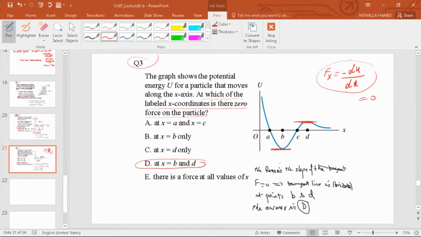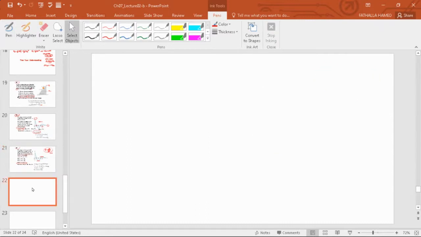All right. I want to bring to your attention something that probably you can ask. We assume that gravity is a constant force, but that only happens near the surface of the Earth.